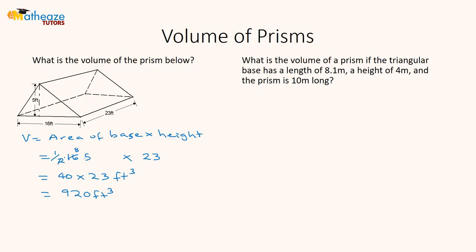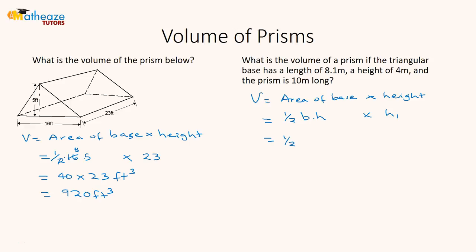Now let's look at this example. What is the volume of a prism if the triangular base has a length of 8.1 meters, a height of 4 meters, and the prism is 10 meters long? So the volume is area of base times height, which is going to give us 1/2 base times height, then times, let's call this h1.